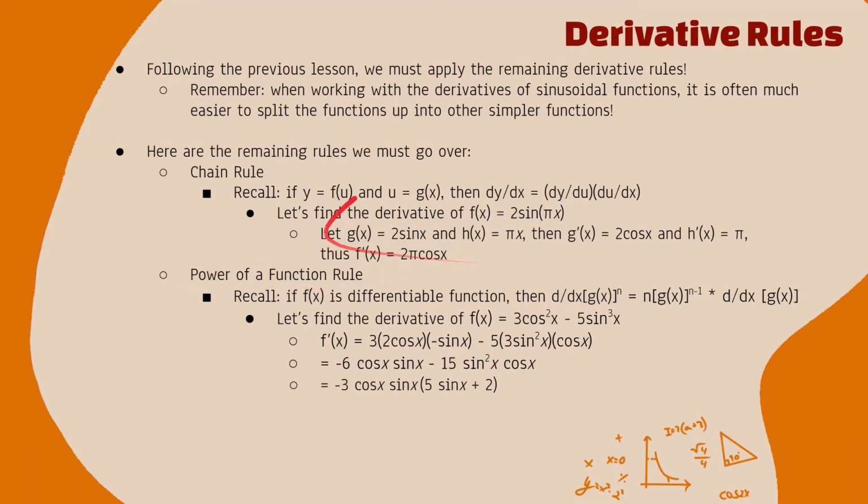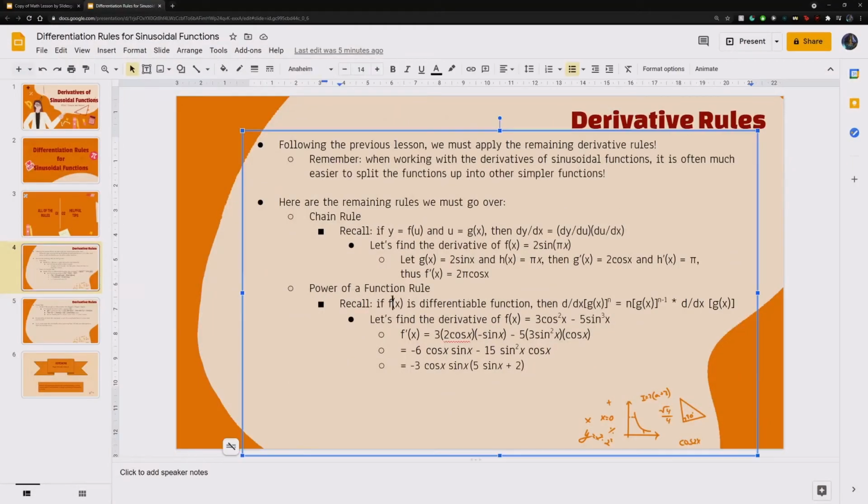First we have the power of a function rule. What does this mean? If you remember from the previous chapters, this means the following. If g of x is differentiable, we get the following expression.